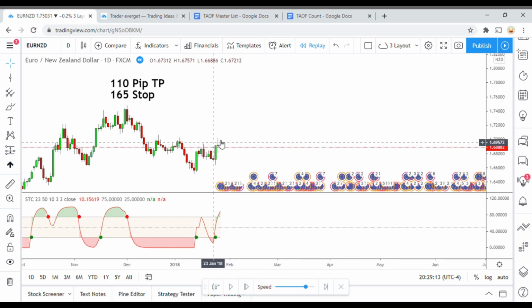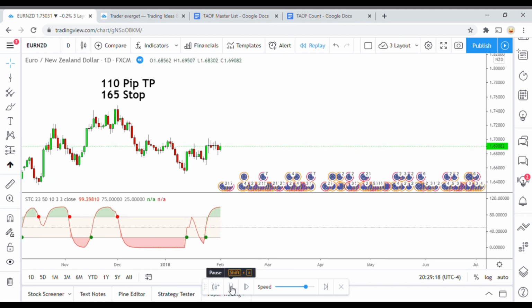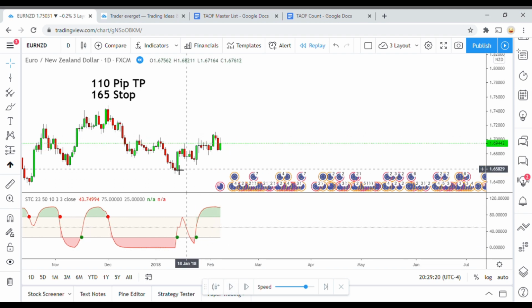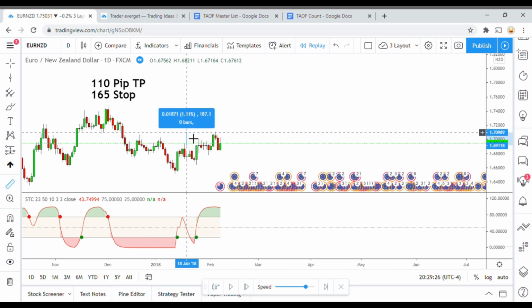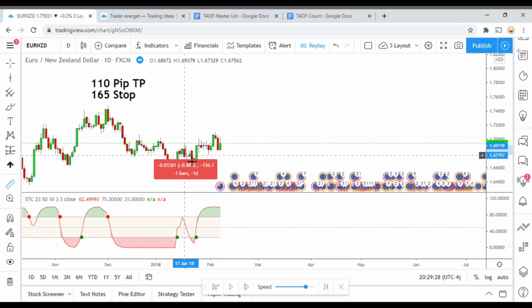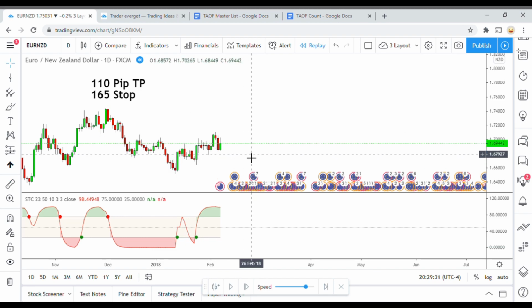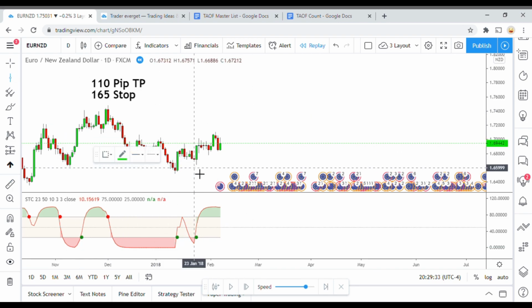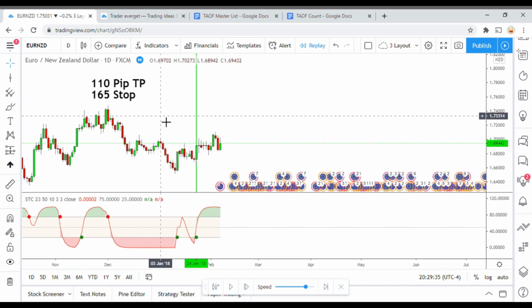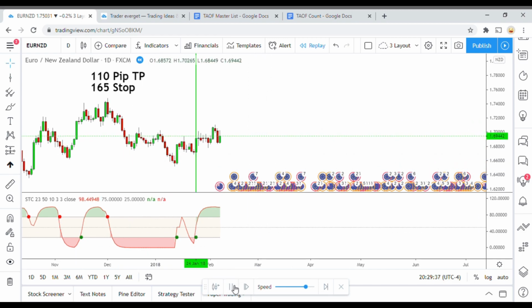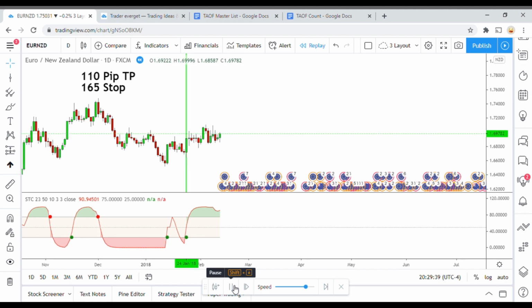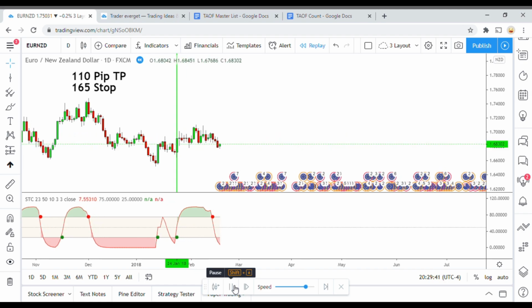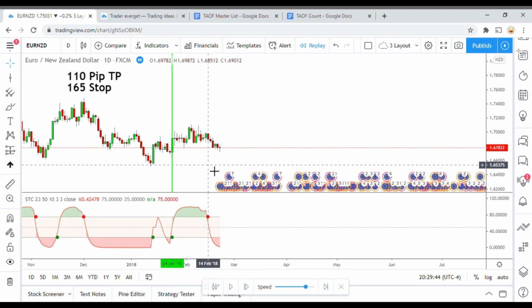So we would have taken a trade on that, and let's play it out and see what we get out of it. There we go. It looks like we hit take profits. Let's see. Yes, we did. And we did not get stopped out. So that would be the first true signal and winning trade. So far, so good.